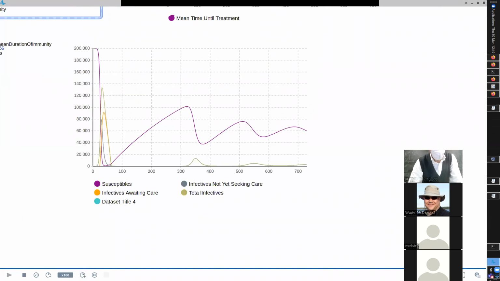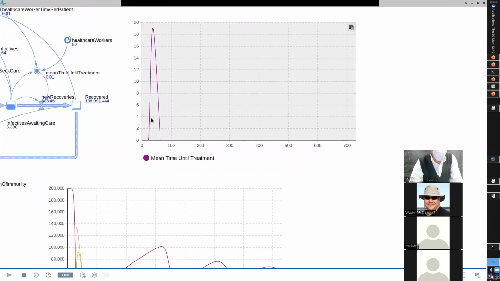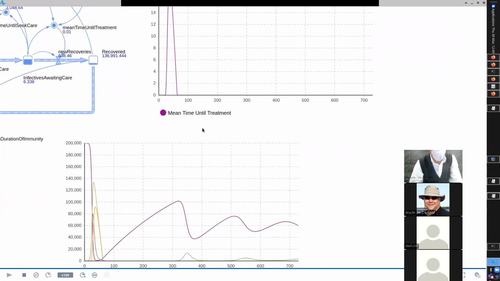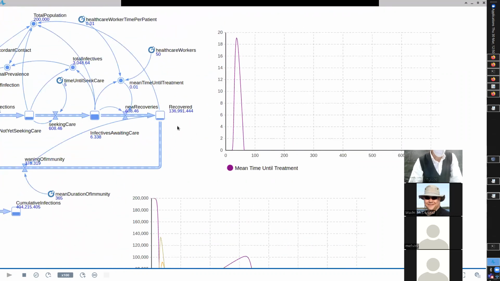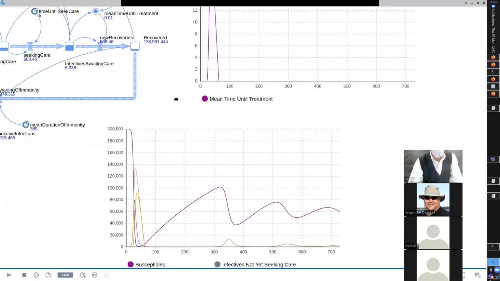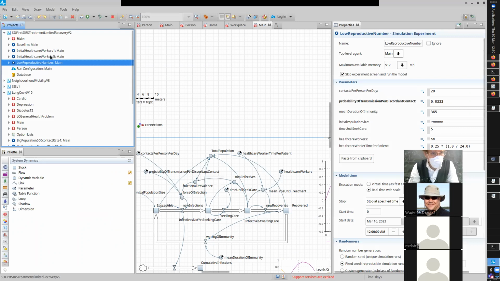As it's rising up, after this, we don't really have a lot of people awaiting care. It's only for that initial outbreak we have a large number of people awaiting care here. It's not large enough to tax this system after the initial outbreak. And as a result, it ends up going to an equilibrium that is not really too strongly affected subsequently by the number of healthcare workers that are available after that initial time.